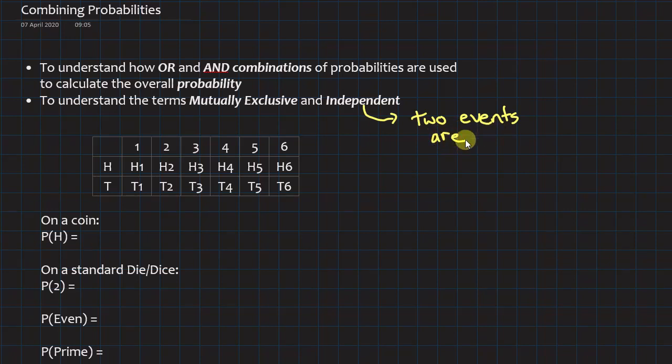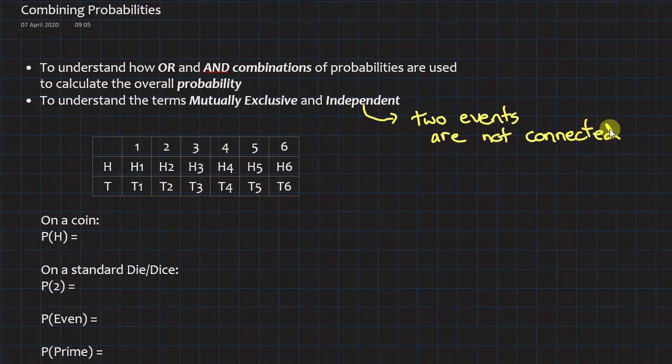And if I roll the dice, it doesn't affect whether or not I get heads or tails. So independent means they're not connected. The other word we'll come across is mutually exclusive. We'll talk about it in a few.